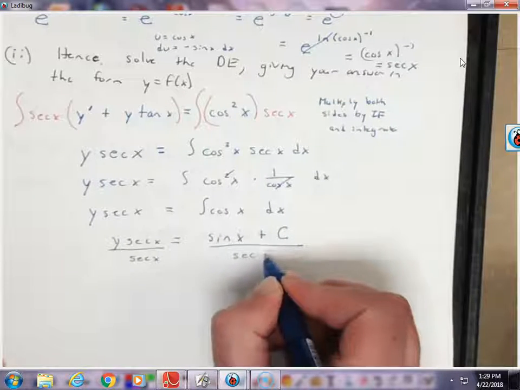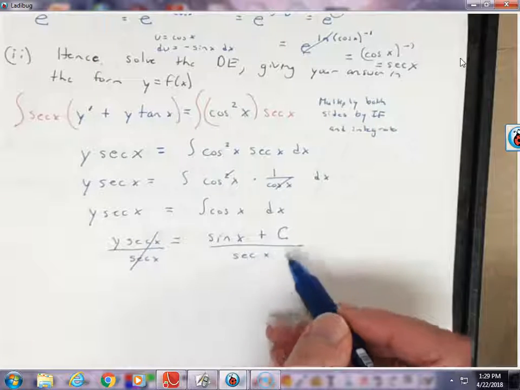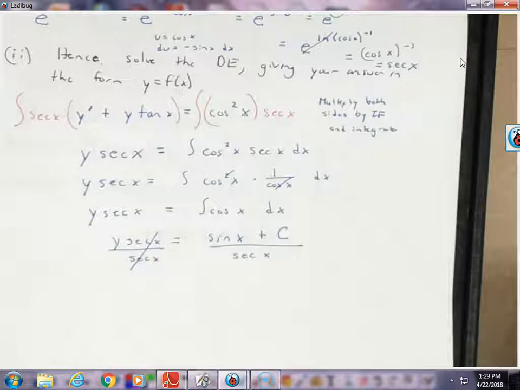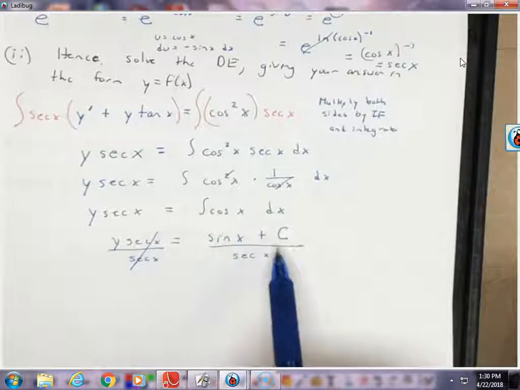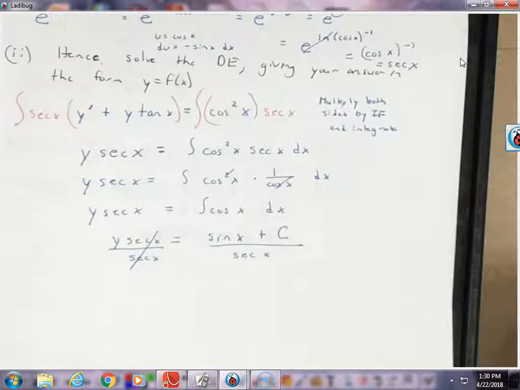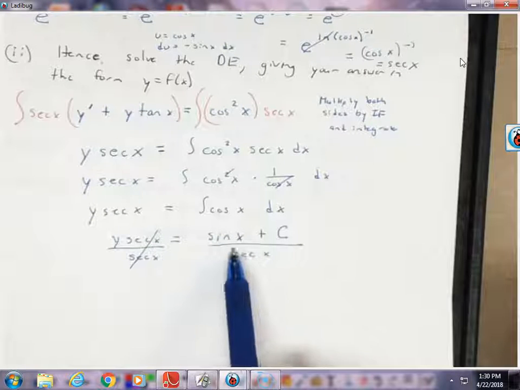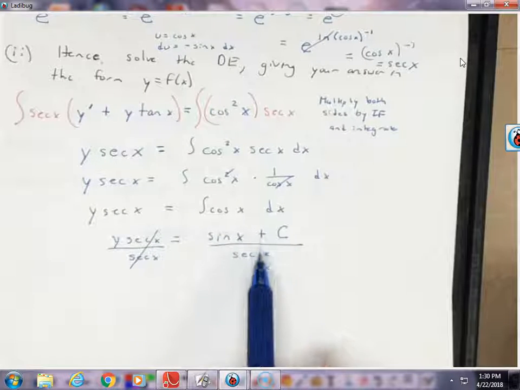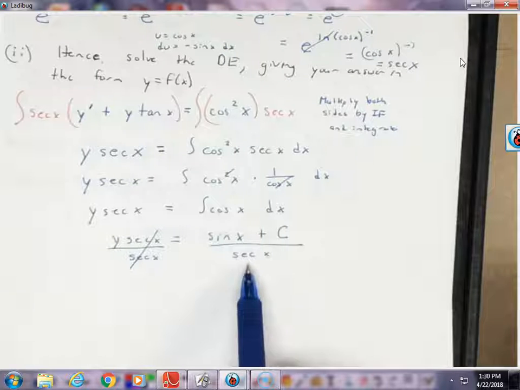Now you have to understand that you're also dividing the constant by secant x. You can't just say a constant divided by secant x is still a constant. You cannot do that. You could substitute in your point before you ever do the division. Either order is fine, but please remember when you solve for y, you are dividing both terms, including the constant, by the secant x.